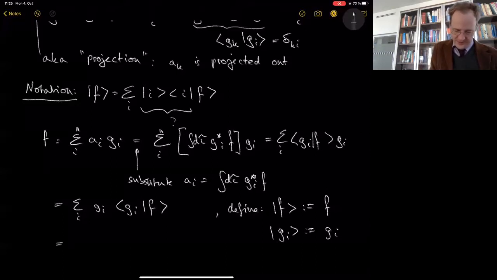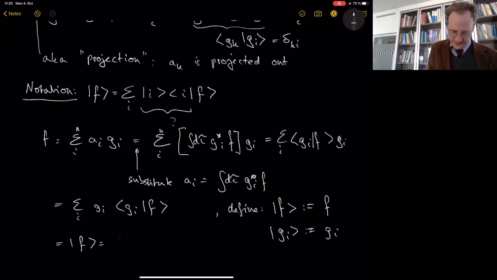Then this whole thing becomes F equals the sum over i of G_i, G_i F. Okay.